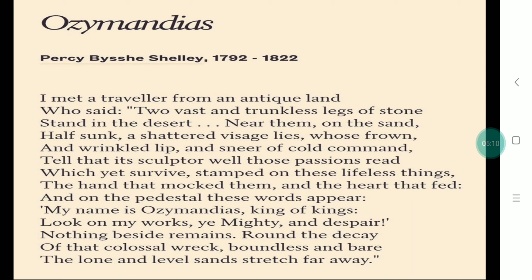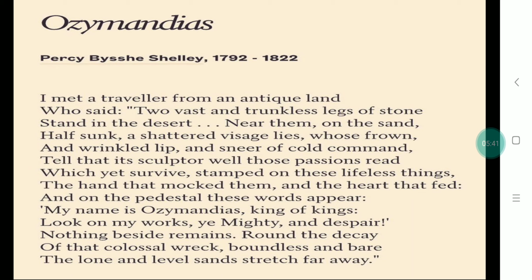Tells that its sculptor, these things, this frown, this wrinkled lip, sneer of cold command, all these things tell us that the sculptor who made that statue well those passions read. So from this frown, wrinkled lip and sneer of cold command, we can make out that the sculptor who made that statue knew that person well.